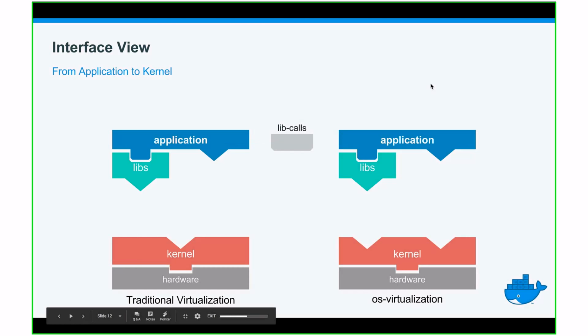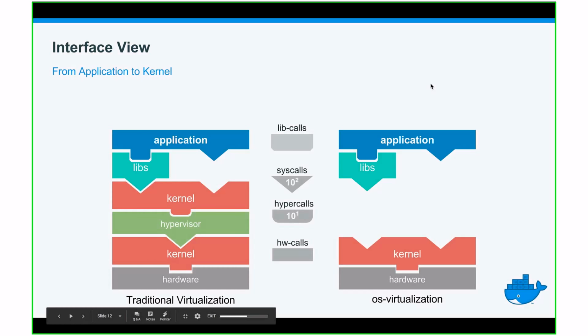And then you have a library that is interacting with the kernel using syscalls. And in the sense of virtual machines, you have this kernel within your virtual machine, and this guy talks to the hypervisor. And in Linux, you have 300 or 400, 350, something like that in the ballpark, syscalls. And Xen, for instance, or with hypervisors, they call them hypercalls, I guess because of the names. They only have 30 or 40, so 35, I think, 40.